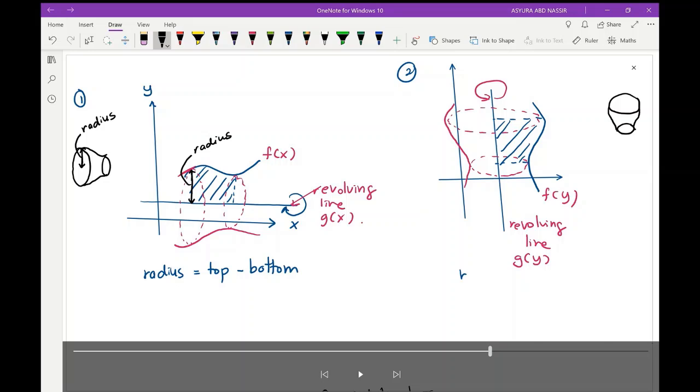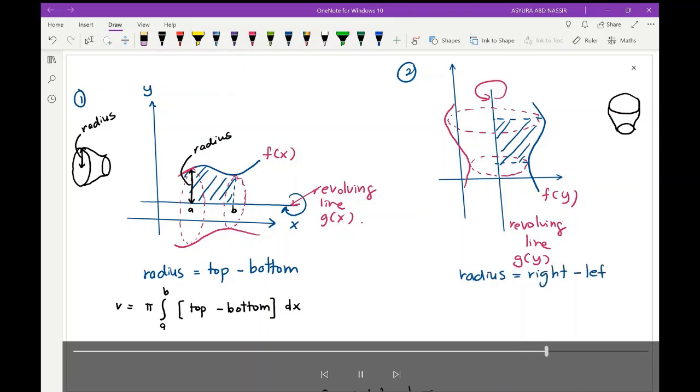If you want to write the formula, then volume equals pi integration from a to b of the top function minus the bottom function, dx, and everything will be in terms of x.